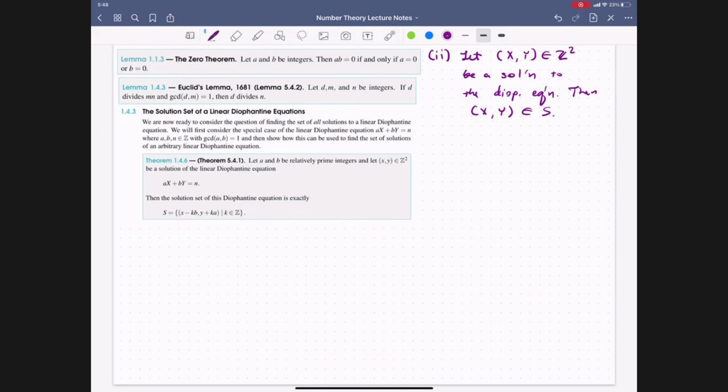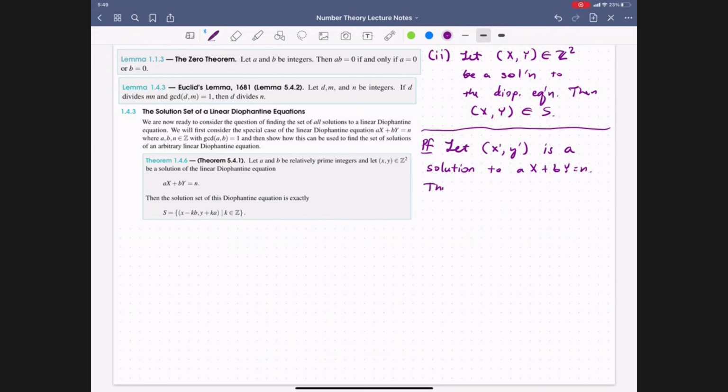Alright, so let's go ahead and do the second case. I'm going to start over here since we're going to need a bit of space for this one. So we need to start by assuming a solution, and we want to show that that solution is in S. So let's go ahead and suppose that (x prime, y prime) is a solution to ax plus by equals n.